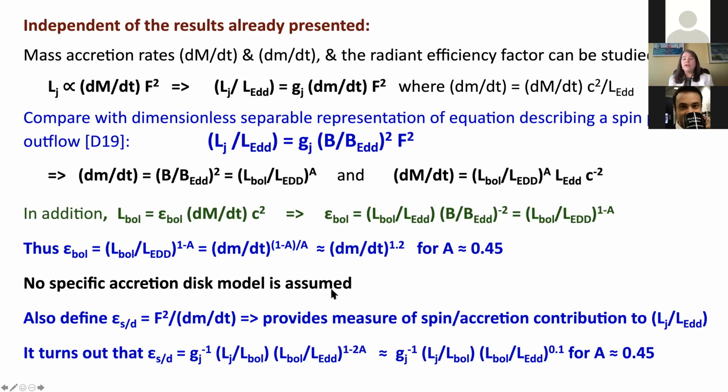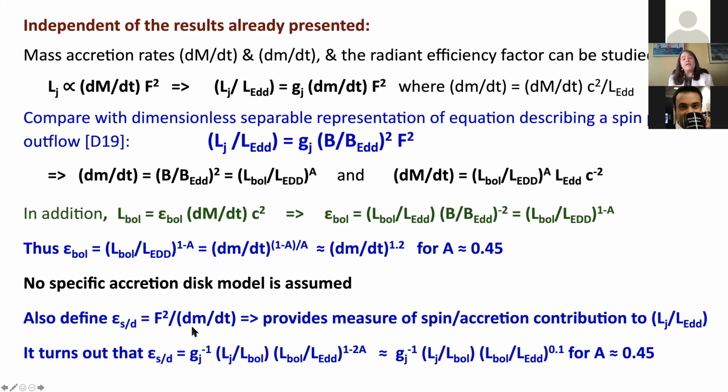Now, so far, no particular accretion disk model has been assumed or adopted, okay? So we can go back and look at what types of accretion disk models are consistent with this, which I'm not going to be discussing today.